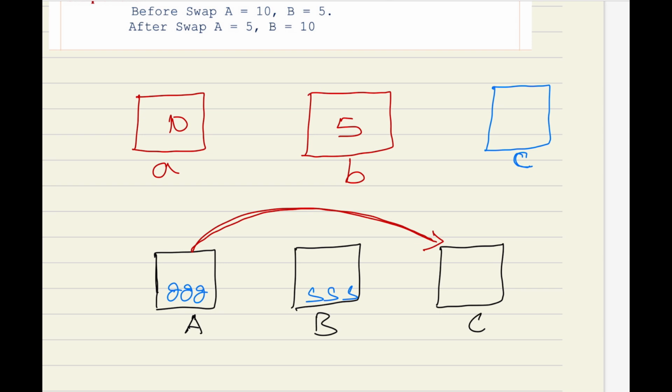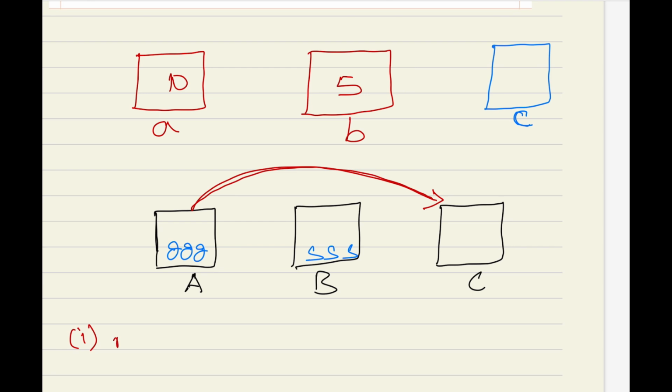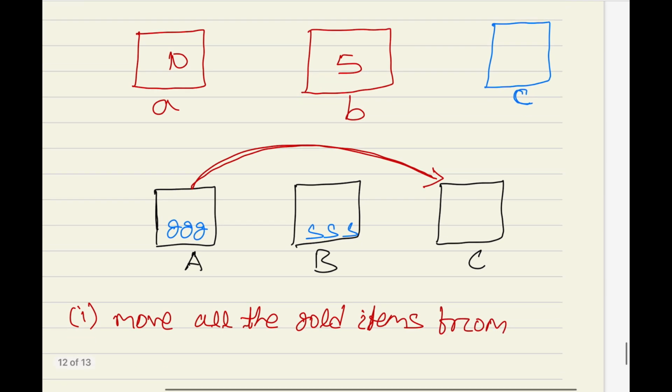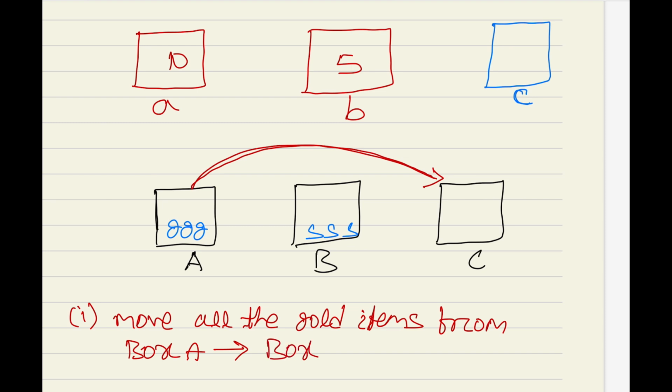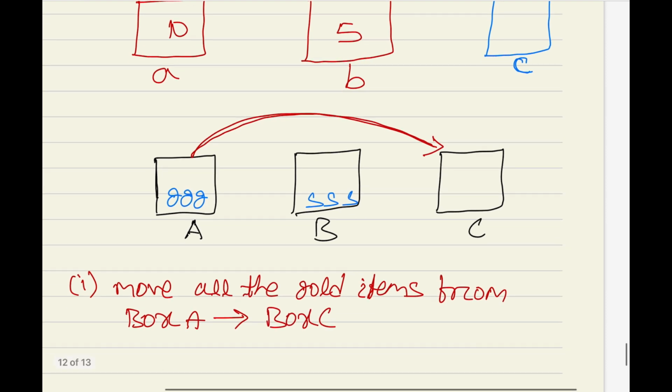So the first step I can write here: move all the gold items from box A to, using the arrow mark, box C. Now after this step, box C is going to store the gold items.